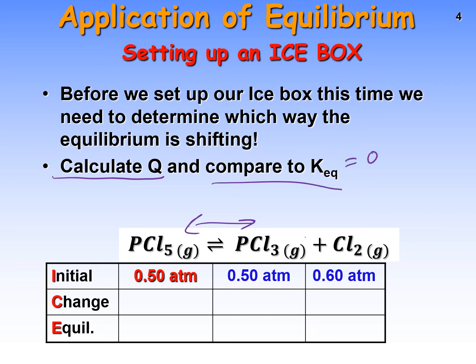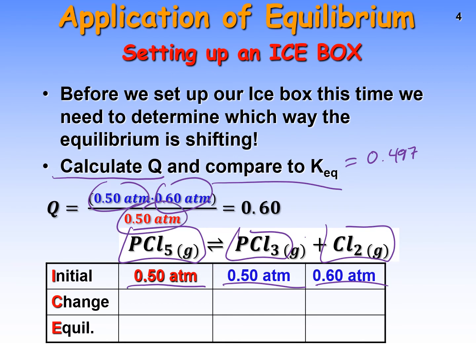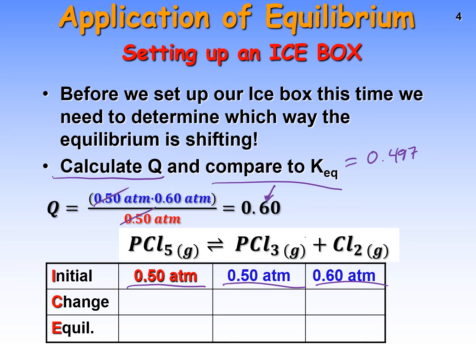Now, we were told that K is 0.497, right? So we know K, we need to calculate Q. Q uses the initial concentrations or pressures and solves as though it was K. Well, that's products, this times this, over our reactants, that. In other words, 0.5 times 0.6 divided by 0.5. If you get that value, you get 0.6 because these two cancel and it's just equal to 0.6.